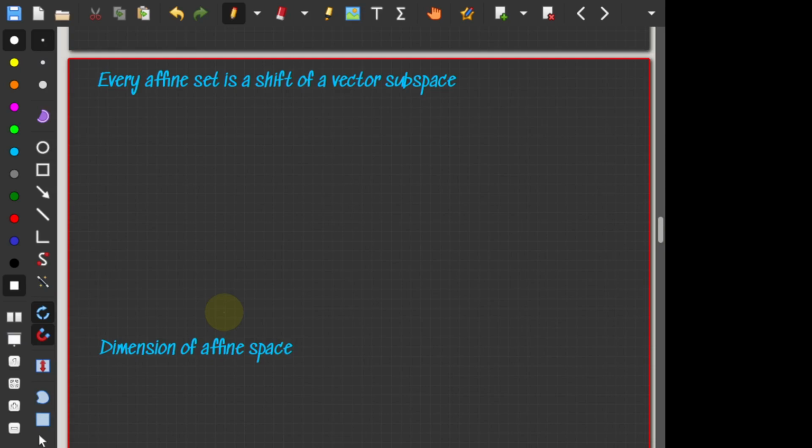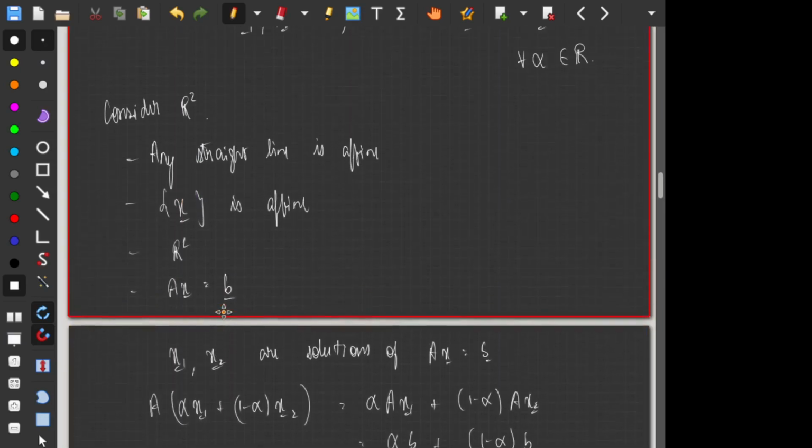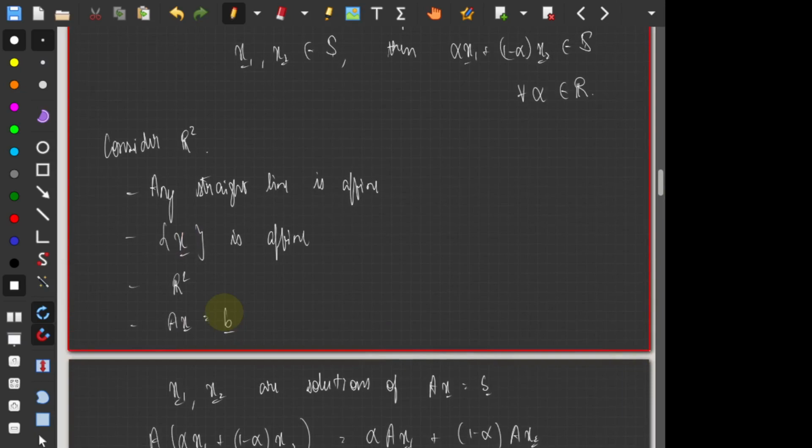Let us look at this, at least in R2. The only non-trivial affine sets that we could think of were straight lines. So it's either empty, or a singleton, or all of R2. These three are affine anyway, but these are what I call trivial affine sets. The only non-trivial affine set was a straight line.